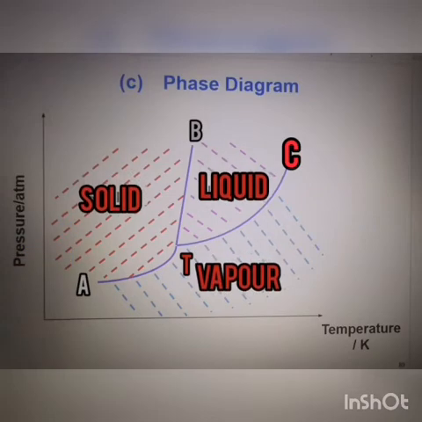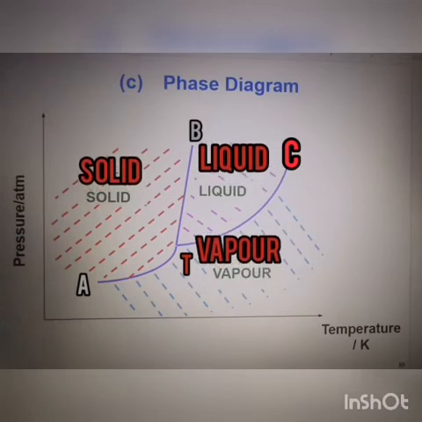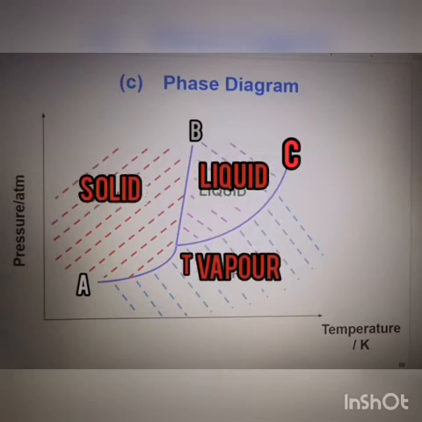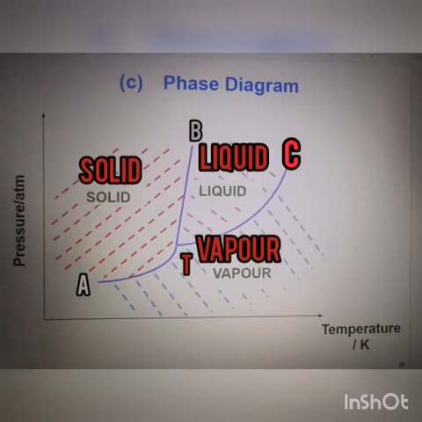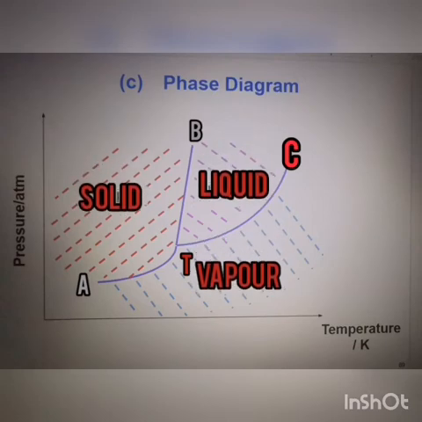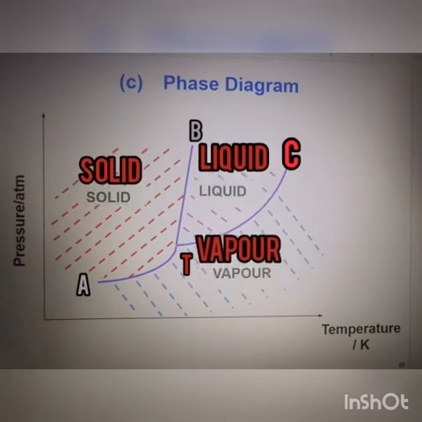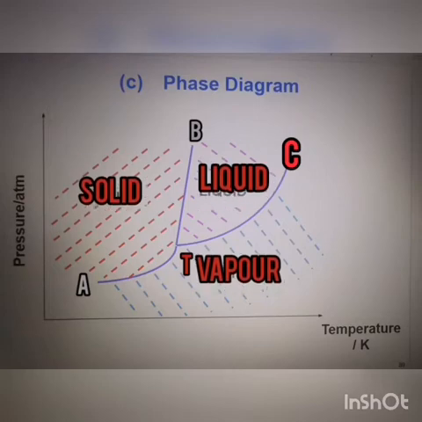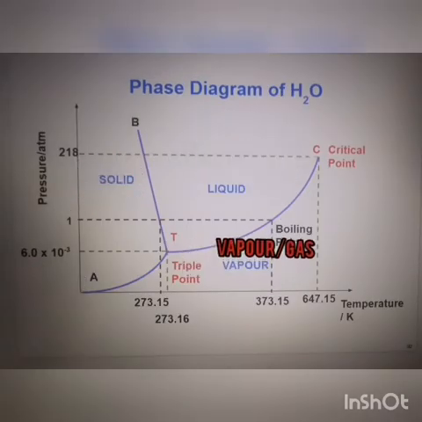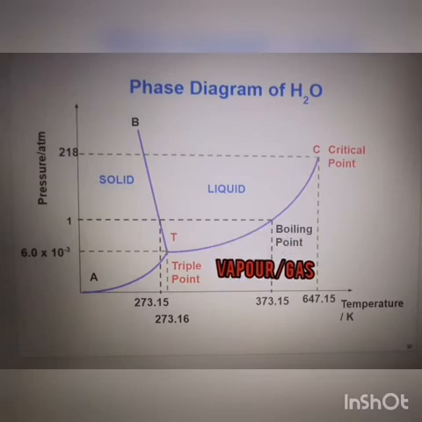For phase diagram, actually pressure versus temperature, the diagram shows the three regions of single phase. ATB represents solid phase, BTC represents liquid phase, ATC represents gas phase.